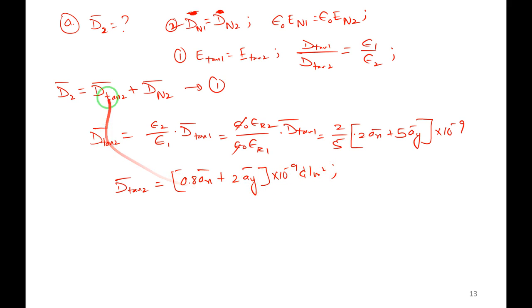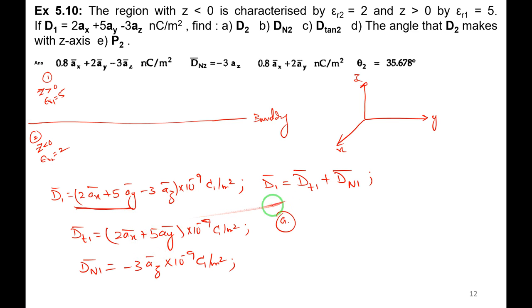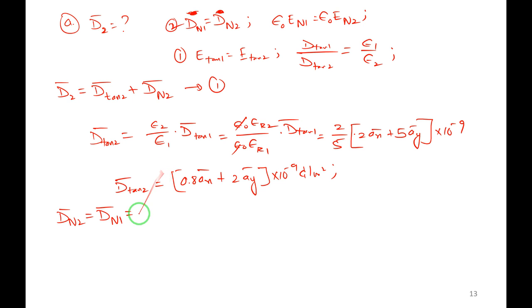Similarly, next we'll find Dn2. Dn2 is equal to Dn1, which is minus 3az, into 10 power minus 9 coulomb per meter square.